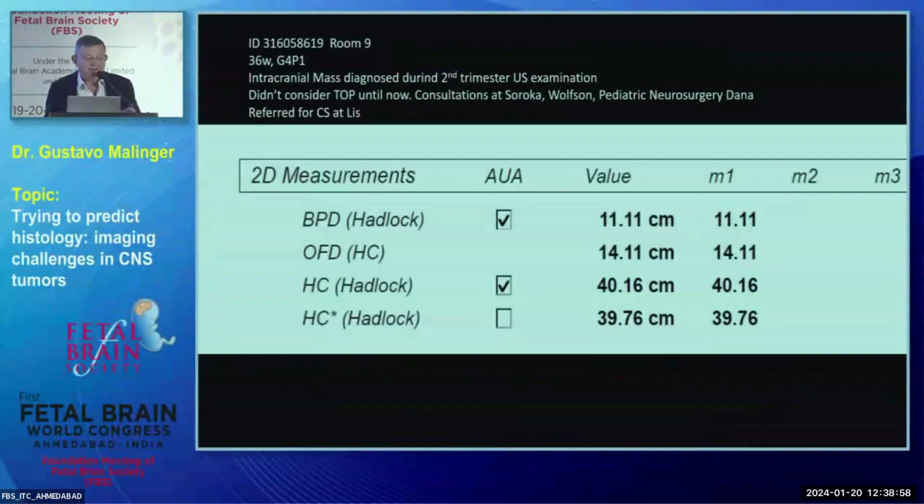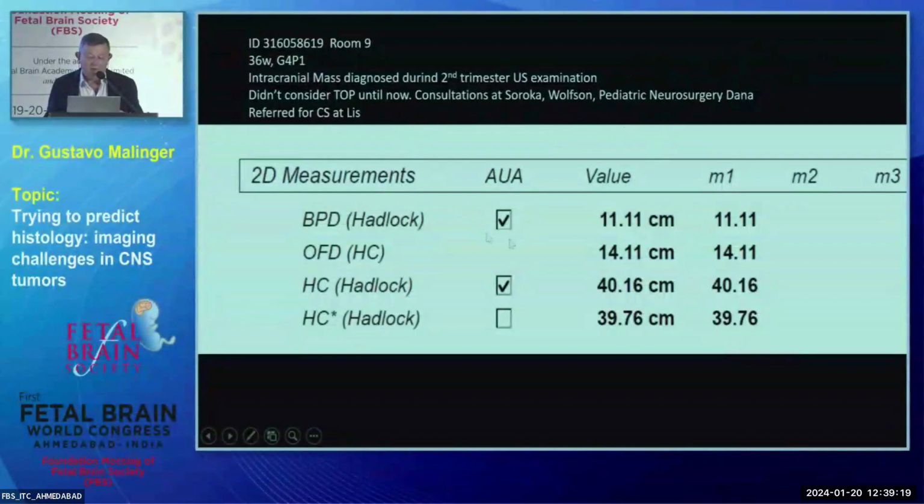There was an intracranial mass diagnosed during the second trimester, but the patient didn't consider termination because of religious reasons. She went for consultation all around Israel. Soroka is in the south, Wolfson is close to us, and also pediatric neurosurgery in our hospital. She was referred for cesarean section at least.